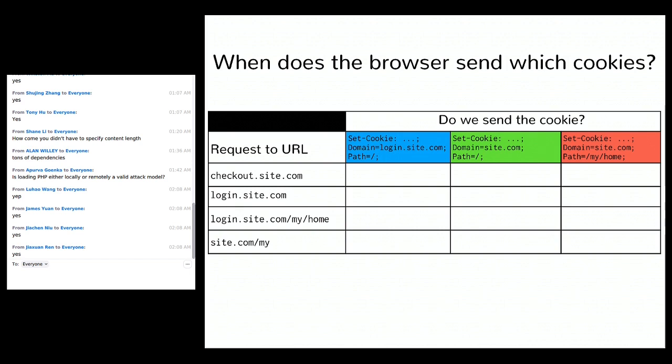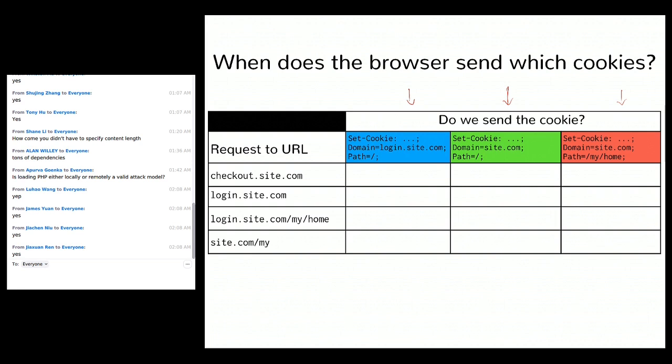The first one is for domain login.site.com, with path /. The second one is for domain site.com, again path /. And the third one is for domain site.com, and the path is /my/home.